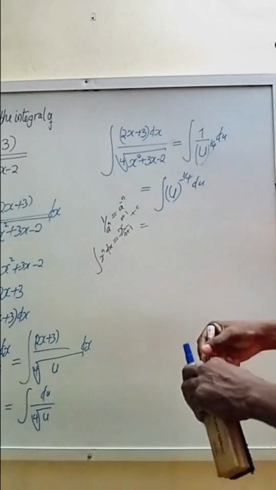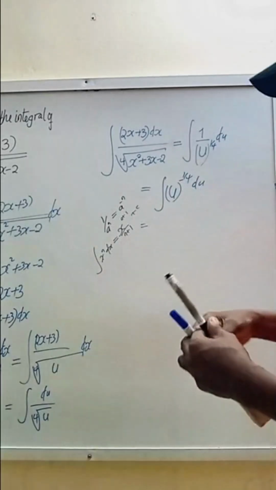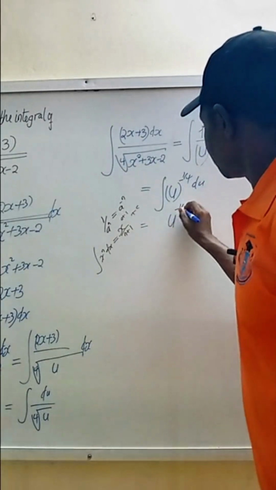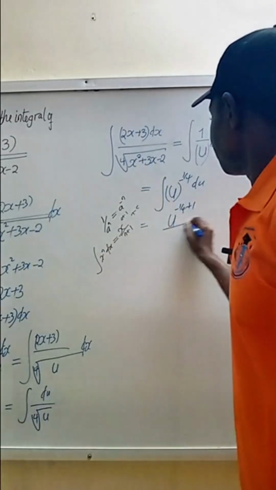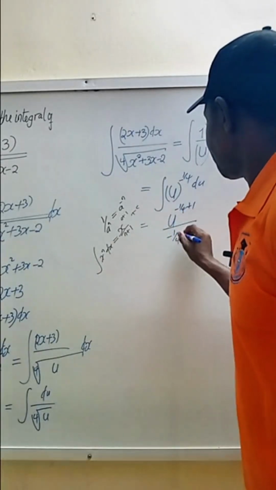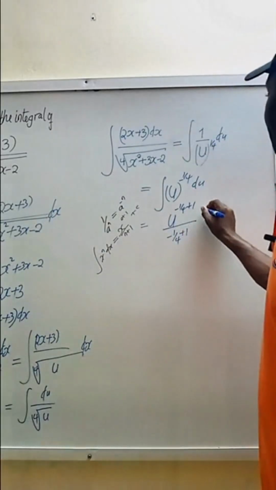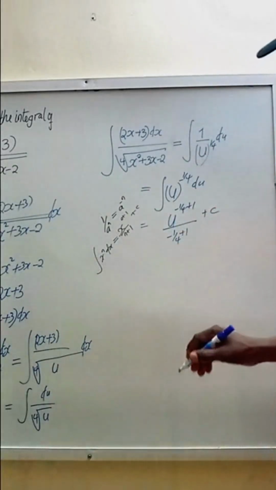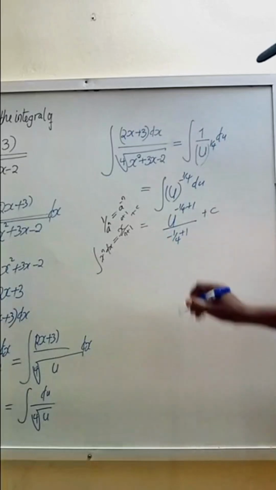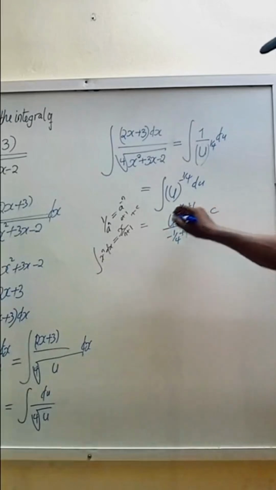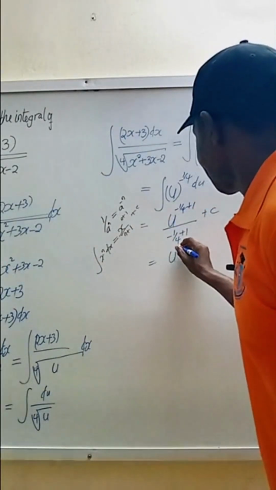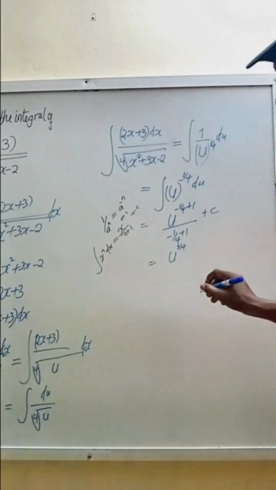So if I apply this rule here, I will have to increase the power by 1, so it will be u to the power negative 1 over 4 plus 1, divided by negative 1 over 4 plus 1, then I add my constant there. Negative 1 over 4 plus 1 is the same as saying 1 minus 1 over 4, which gives us 3 over 4 positive.